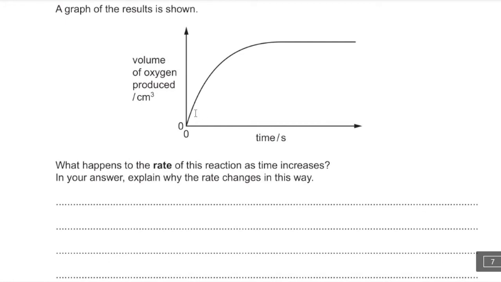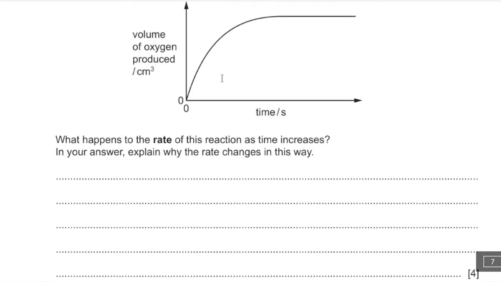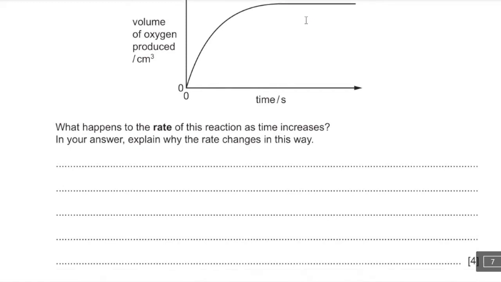Alright, so as you can see over here, the slope of the graph eventually levels off, which means the rate of reaction is gradually decreasing up to the point over here, and then the reaction completely stops after the graph levels off.